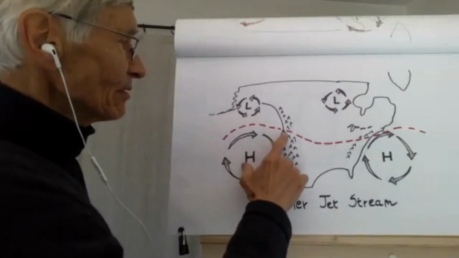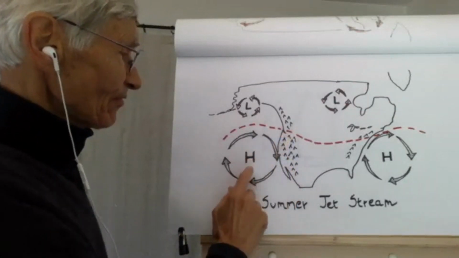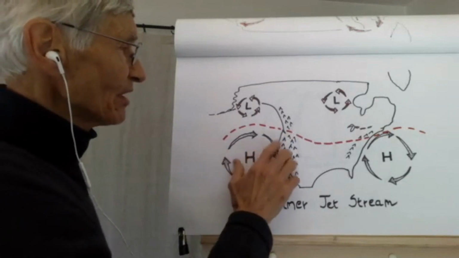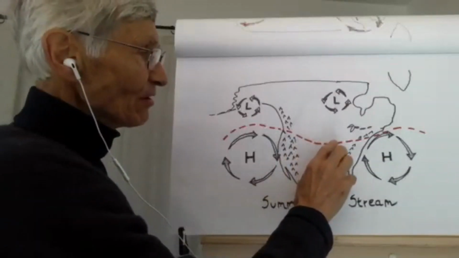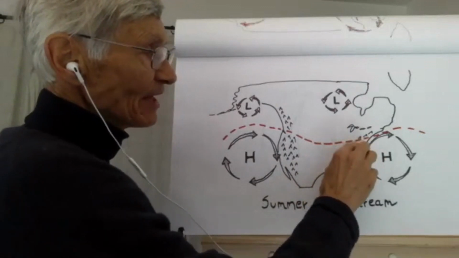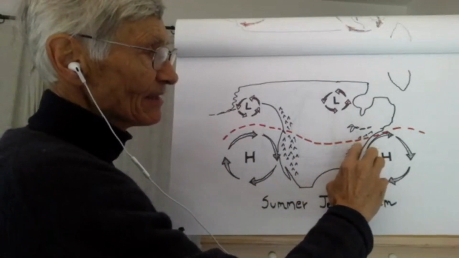So here, the zonal flow from the strong summer jet is going through the gate here in Seattle, then going horizontally across the northern tier and exiting through the gate there in Pennsylvania. That's called zonal flow.